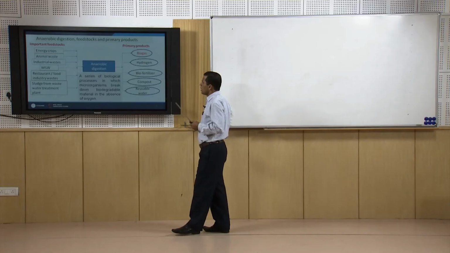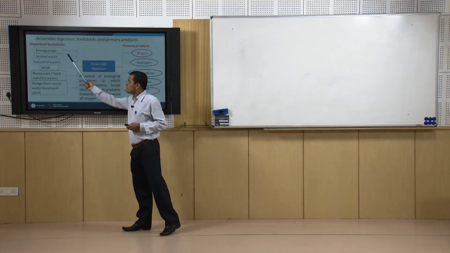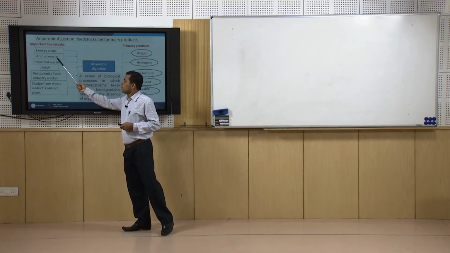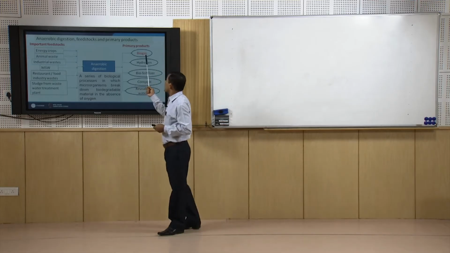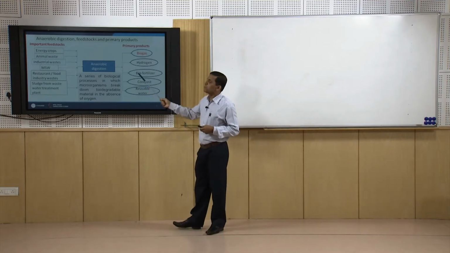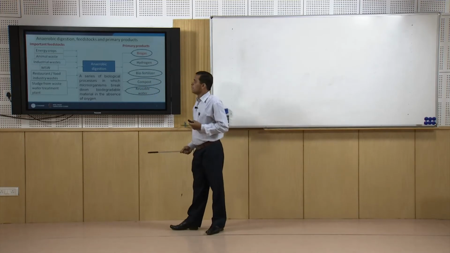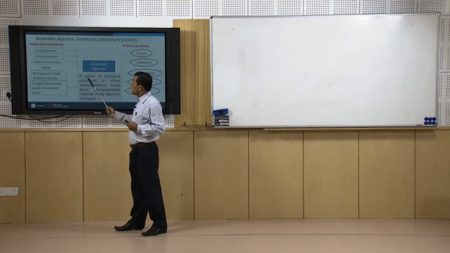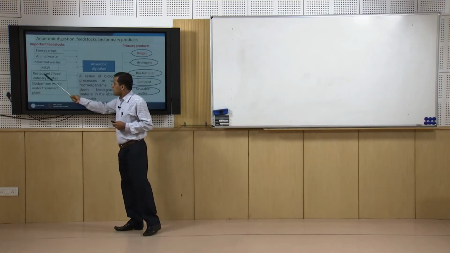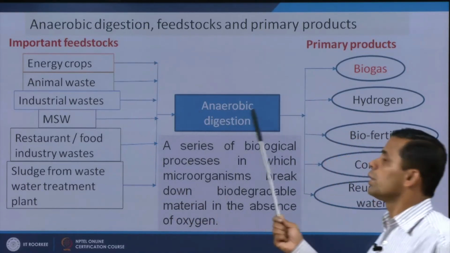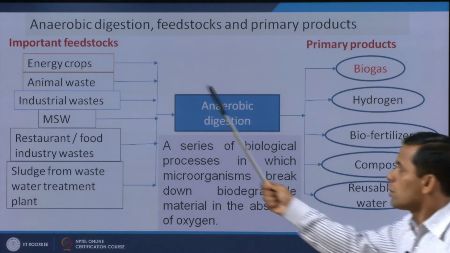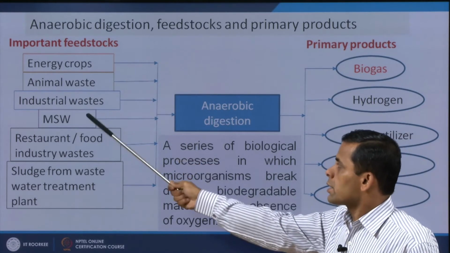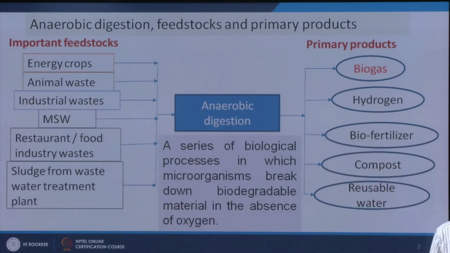reusable water. Out of these feedstocks, animal waste, particularly cow dung to biogas, that is gobar gas, is a very well known technology, but use of energy crops, industrial wastes and other feedstocks through this route is not very well developed, particularly energy crops and MSW, some part of which is lignocellulosic biomass.